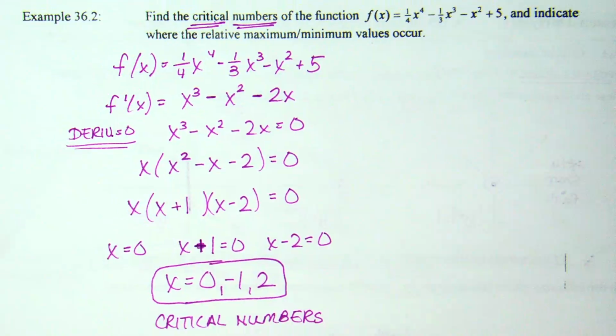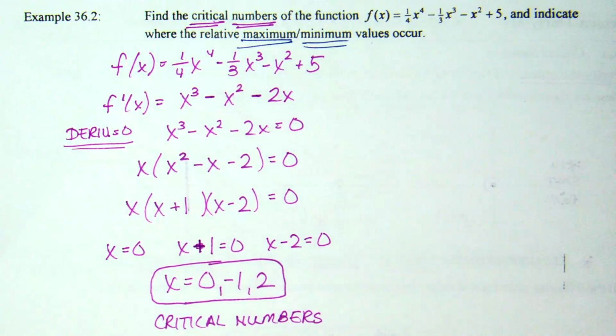Now, the idea is once you have your critical numbers, they're asking us to find where our relative max and min values occur, yes? Now, the big thing I want to know is what's maxes and what's mins? So what kind of graph are we talking about here?